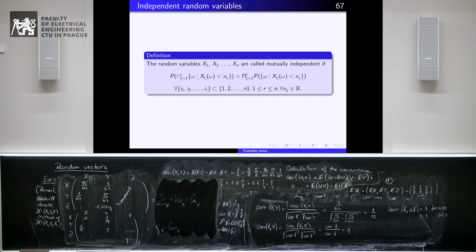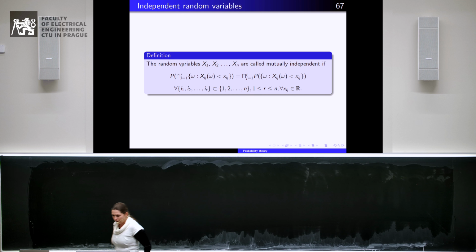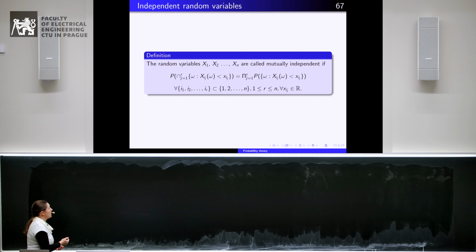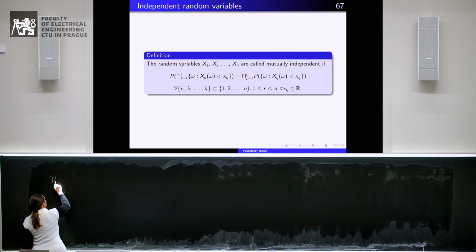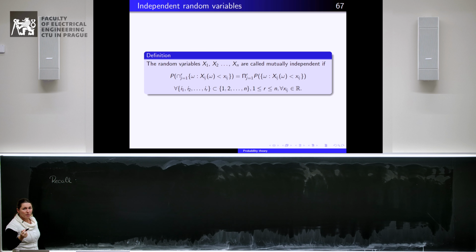So what does it mean that the random variables in the random vector are independent? The definition looks quite terrible, but it is not so terrible when you remember what the independence of random events means.